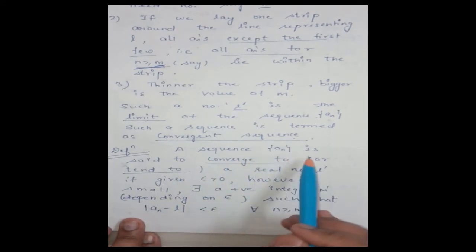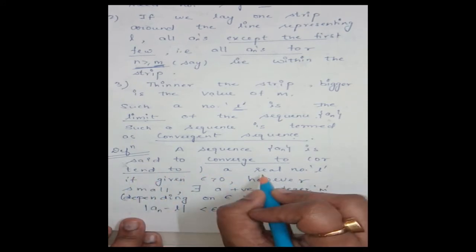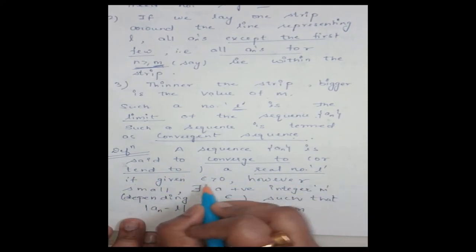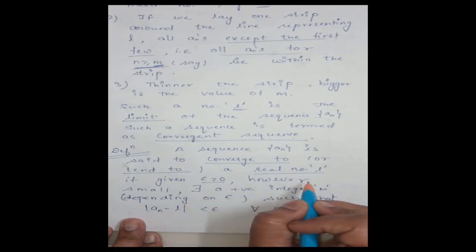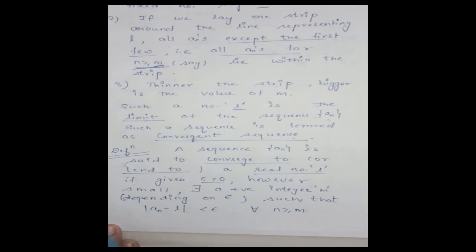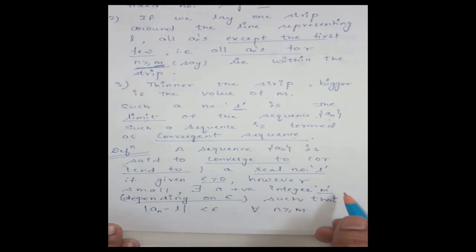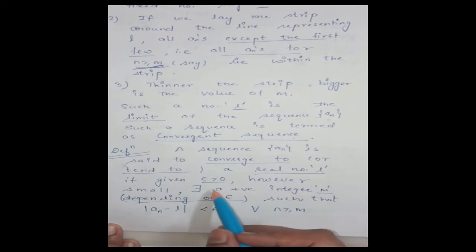A sequence a_n is said to converge to, or tend to, a real number L if, given epsilon positive, however small, we have taken 0.35, we have taken 0.1, there exists a positive integer M, which depends on epsilon. We have seen that when epsilon was 0.35, the value of M was 2, and when epsilon was 0.1, the value of M was 9.